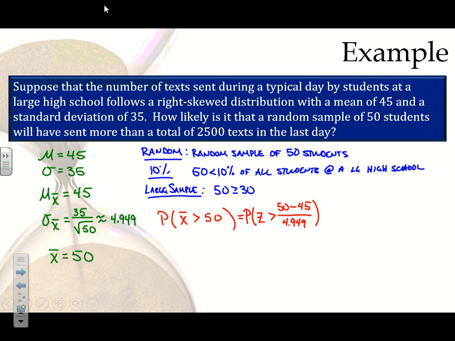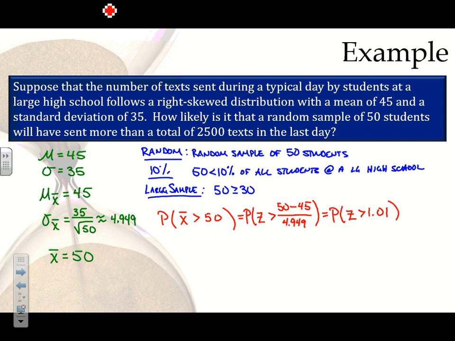So, at this point, we're finding our z-score. When we plug in, 50 minus 45 divided by 4.949, you get a z-score of about 1.01.